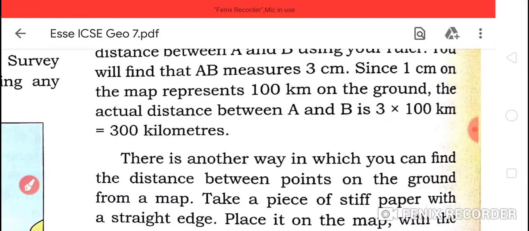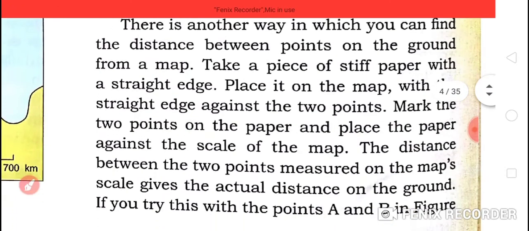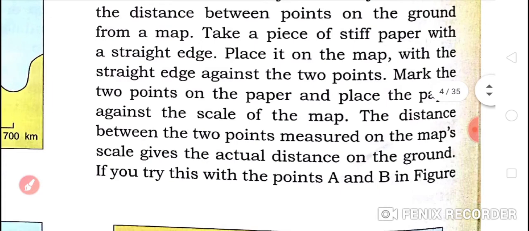There is another way in which you can find the distance between points on the ground from a map. Take a piece of stiff paper with a straight edge, and place it on the map with the straight edge against the two points. Mark the two points on the paper and place the paper against the scale of the map. The distance between the two points measured on the map scale gives the actual distance on the ground.